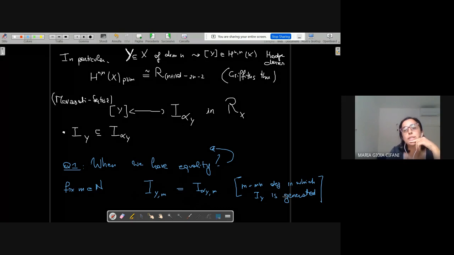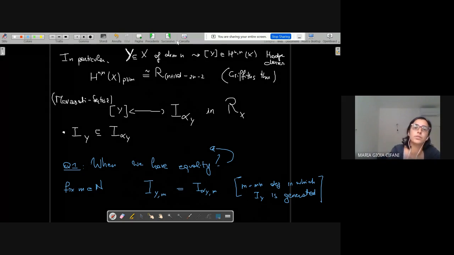And we will always refer to this m when we speak about the reconstruction. We do not write down every time these things, but degree by degree we can look for conditions to have the equality.